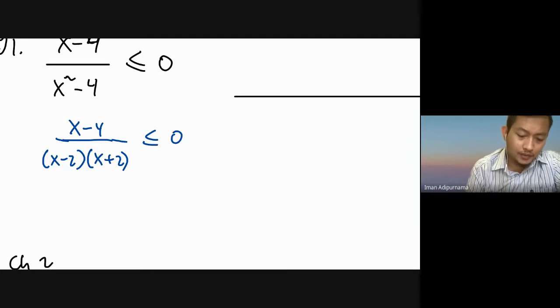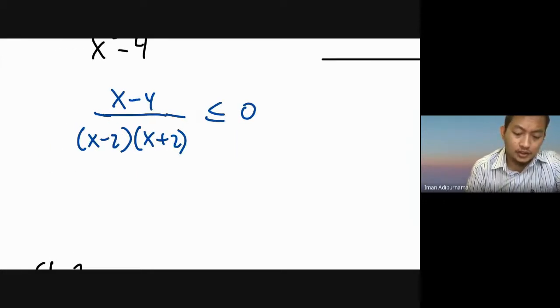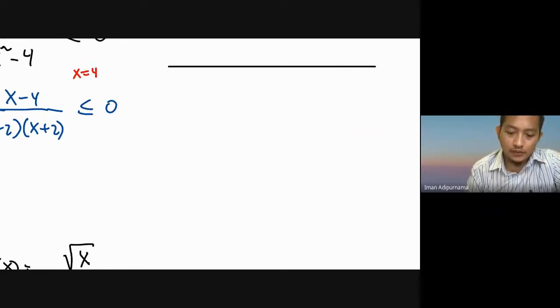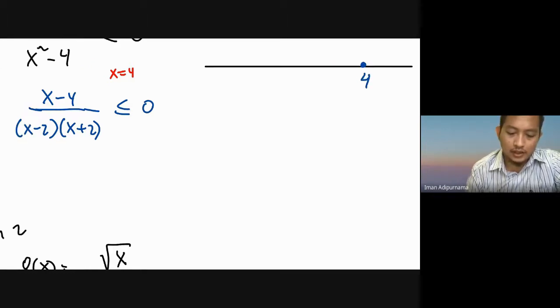First, look at the equation here. We have x minus 4. It is less than or equal, so at least when x is 4, the whole solution is maybe 0, right? So we can write 4, making it here.